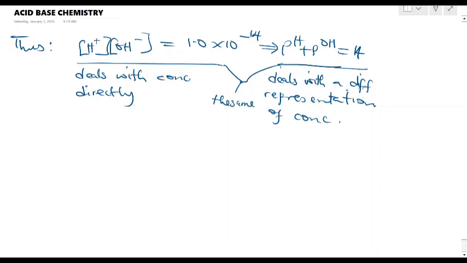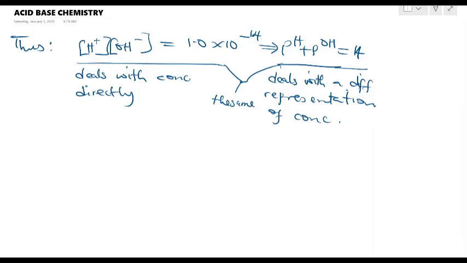So we've established that the concentration of hydrogen ion times that of hydroxide ion is equal to 1.0 times 10 raised to power minus 14, and that is the same as pH plus pOH equal to 14.